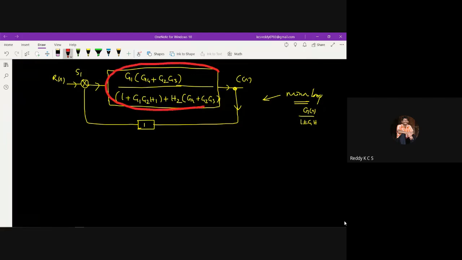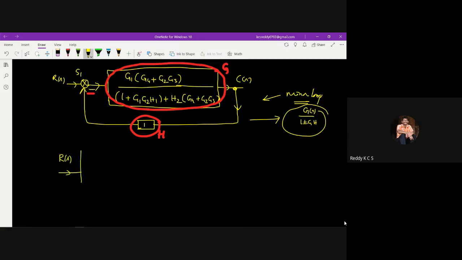This will become the G, and this will become the H, and as it has negative feedback, this will become plus. So now I'm substituting the value of G and the value of H in this equation, so that I can reduce it into a single block once again, R of S.